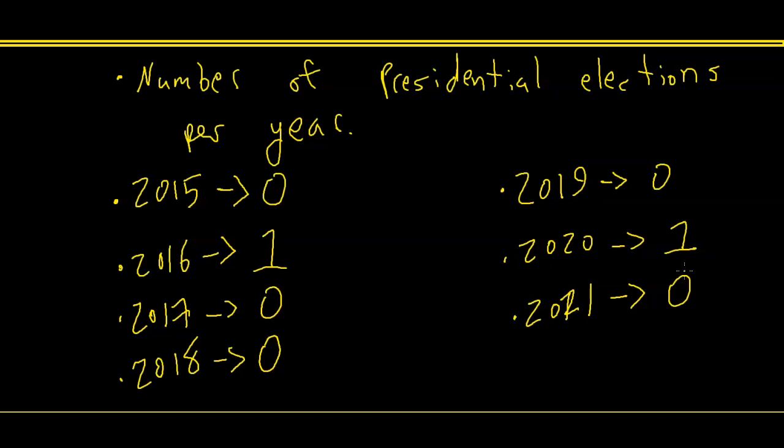But remember, a function is just a formal relationship that associates an input with an output. In this case, there are really an infinite number of inputs, right? We can keep inputting different years, but every single year, the output is either going to be 0 or 1. In particular, it'll be 1 every 4 years, it'll be 0 every other year. So functions can also be just that simple too.